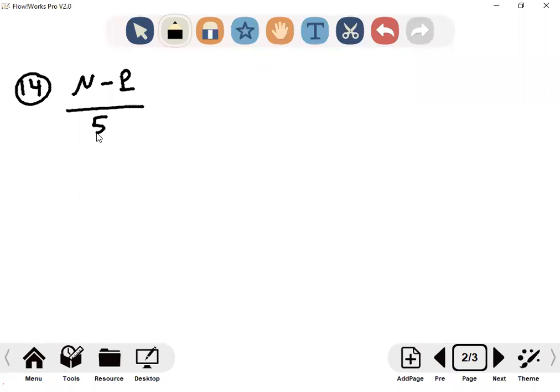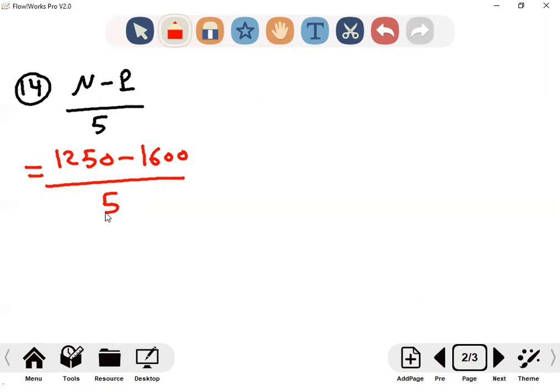Let's replace them. This is equal to 1250 minus P, which is the previous one, 1600, over 5. This is the expression. Do you understand? Yes.